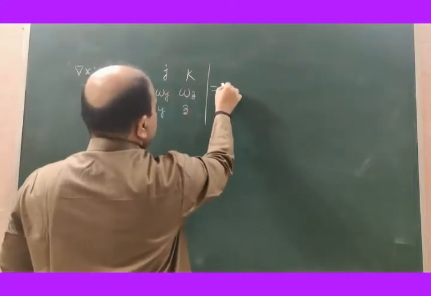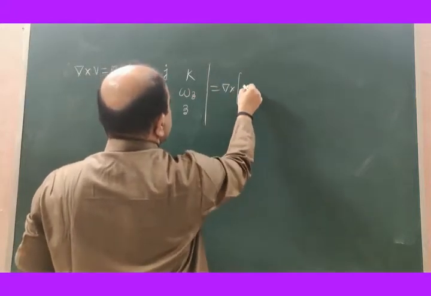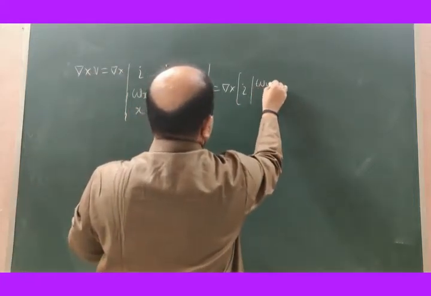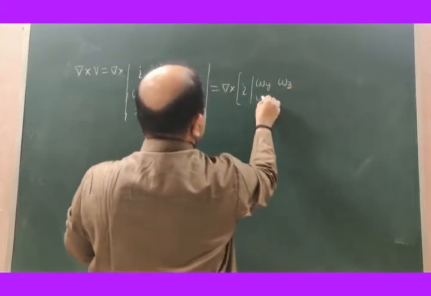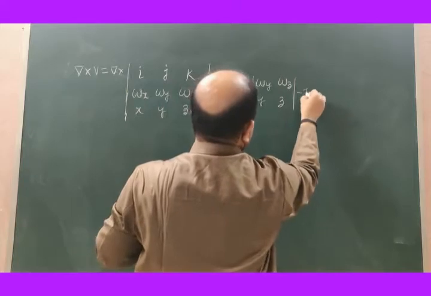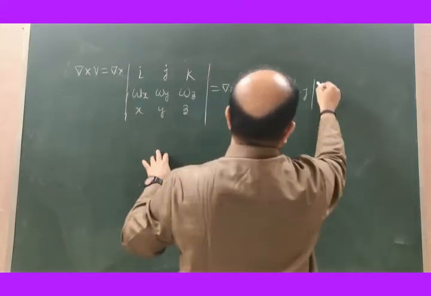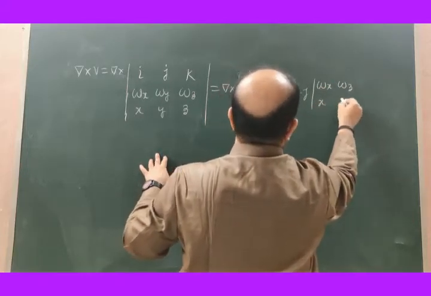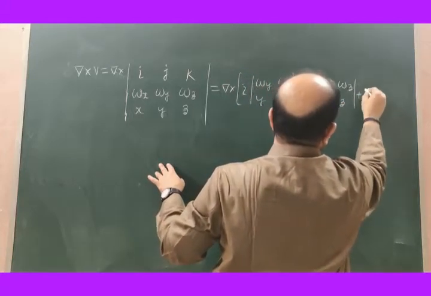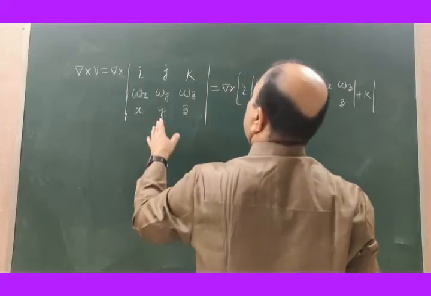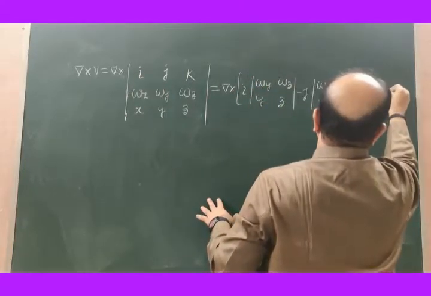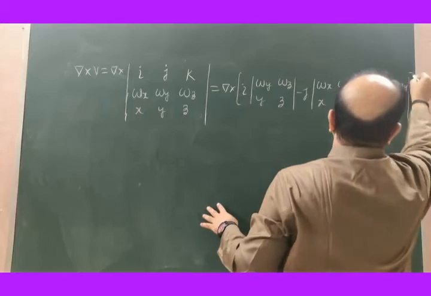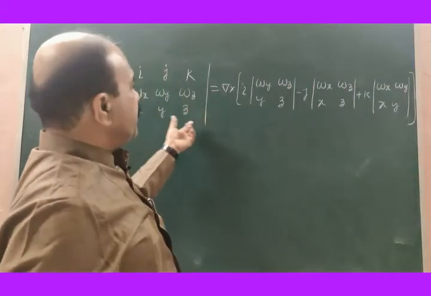This is for the del cross in a square bracket: i times this one, omega y, omega z, y, z, minus j times omega x, omega z, x, z, plus k into the remaining one, omega x, omega y, x, y. So this determinant is written this way.